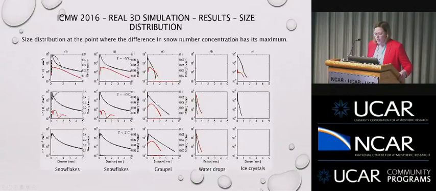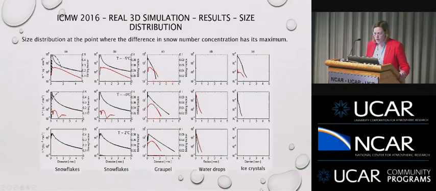This second picture shows the size distribution at the same height and with the same columns, where the snow number concentration difference is the highest between the Hallett-Mossop and without Hallett-Mossop cases.